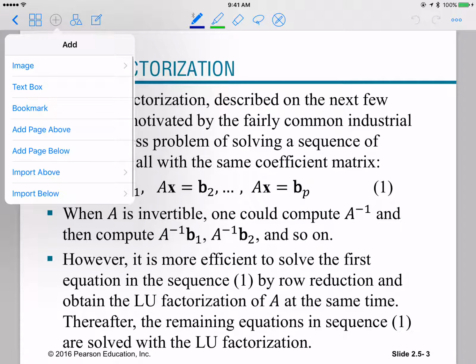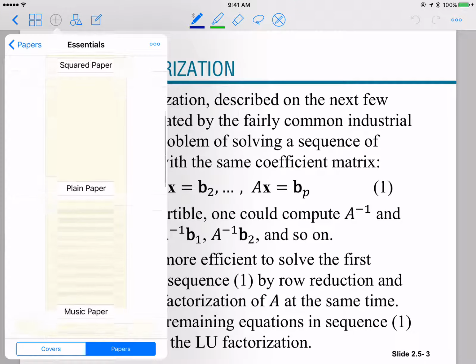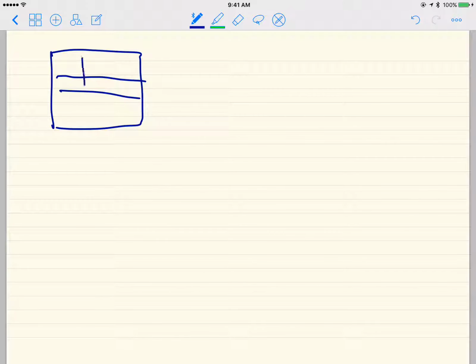Okay, so let me give an idea. I'll just give a random LU factorization: 2, 3, 4.